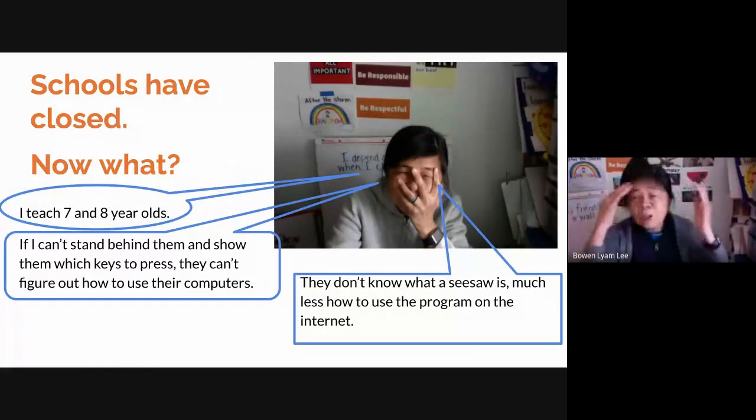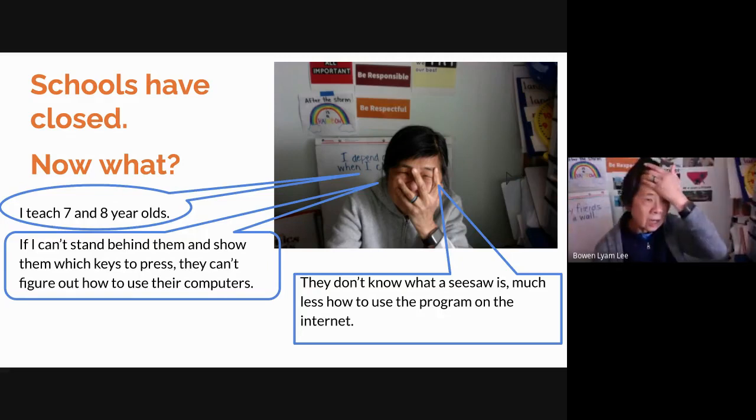Here's what was going on in my head. I teach 7 and 8-year-olds, and I can stand behind them in class and show them exactly what to do by pointing it out on their computers. But if I can't do that, how are they going to figure out what to do? And they don't even know what Seesaw is, much less how to use the program on the internet.